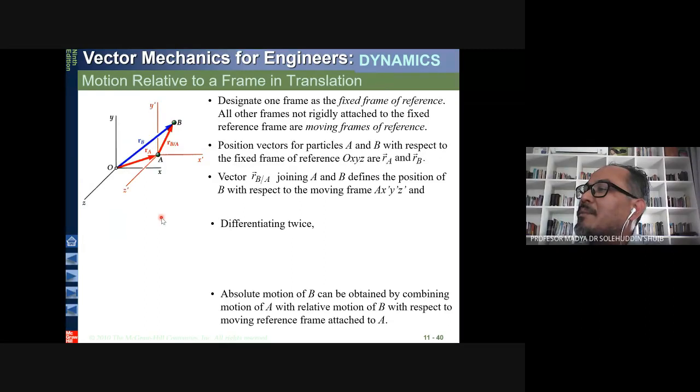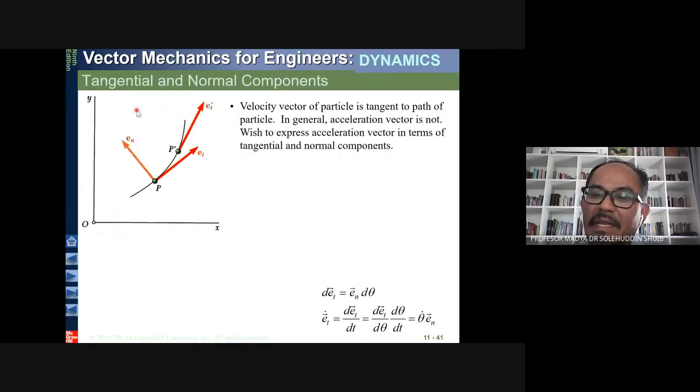The next concept is the concept of tangential and normal component. This concept also, I think, is not new to you.